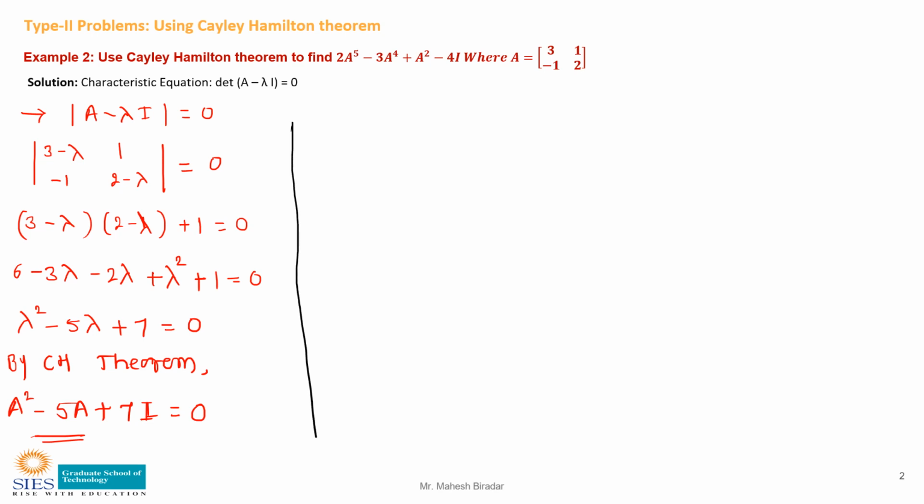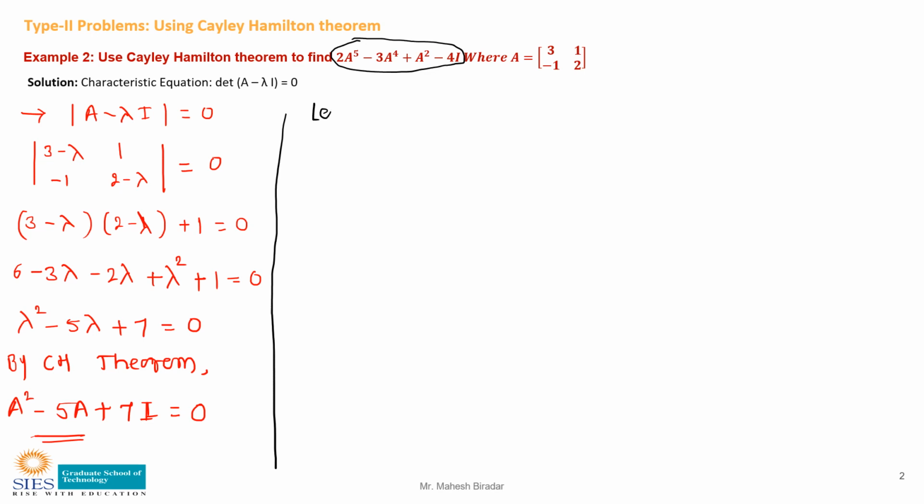Now we want to find the matrix represented by this polynomial, which is 2A raised to 5 minus 3A raised to 4 plus A square minus 4I. So for that, we will consider the given polynomial and denote it by P of lambda, which is 2 lambda raised to 5 minus 3 lambda raised to 4 plus lambda square minus 4.